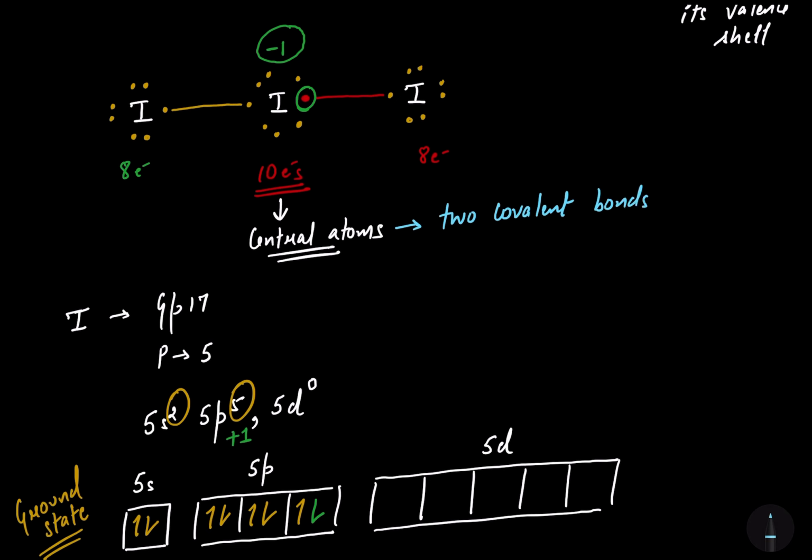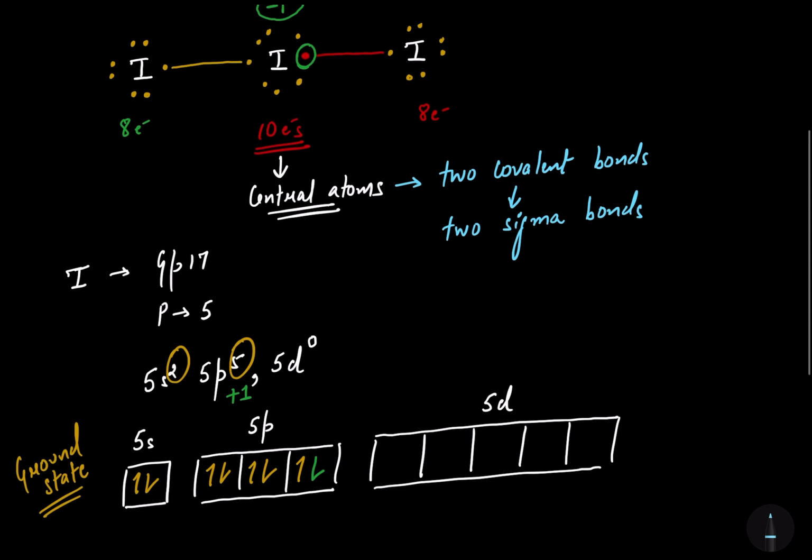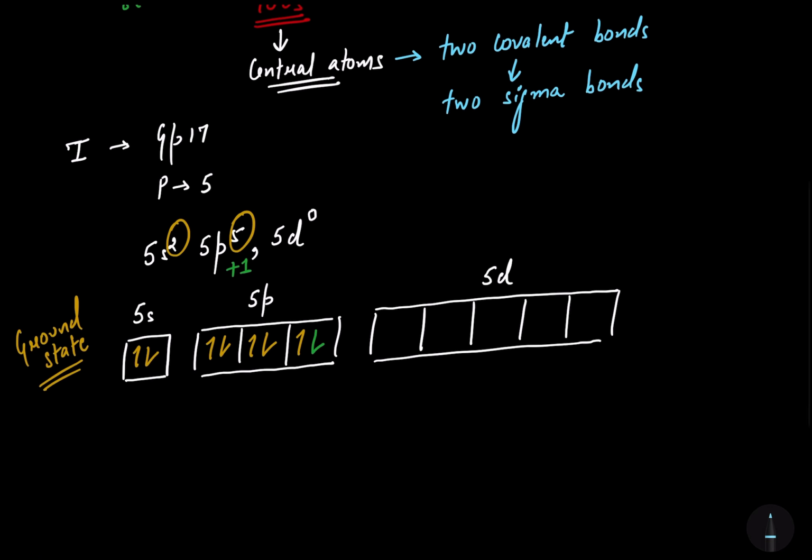As both of the bonds are single bonds, we can also say that the central iodine is forming 2 sigma bonds. Now for the formation of 2 sigma bonds, the middle iodine must have 2 atomic orbitals containing 1 electron each. Only then will that iodine be eligible for the formation of the 2 sigma bonds.